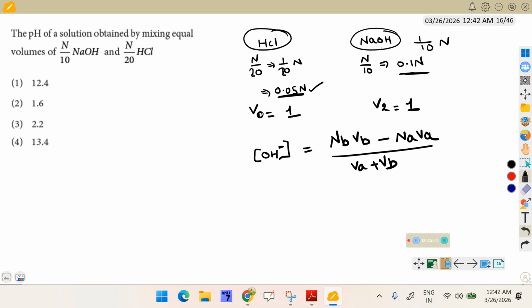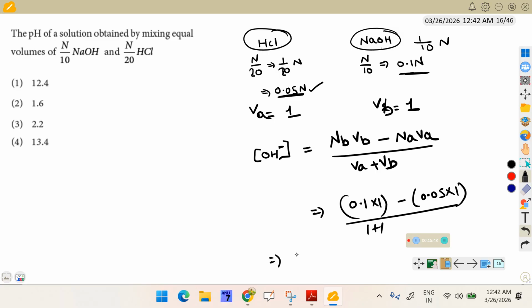This is the acid volume, this is the base volume. That is 0.1 into 1 minus 0.05 into 1, by 1 plus 1. That is 0.05 divided by 2, the OH minus ion concentration.